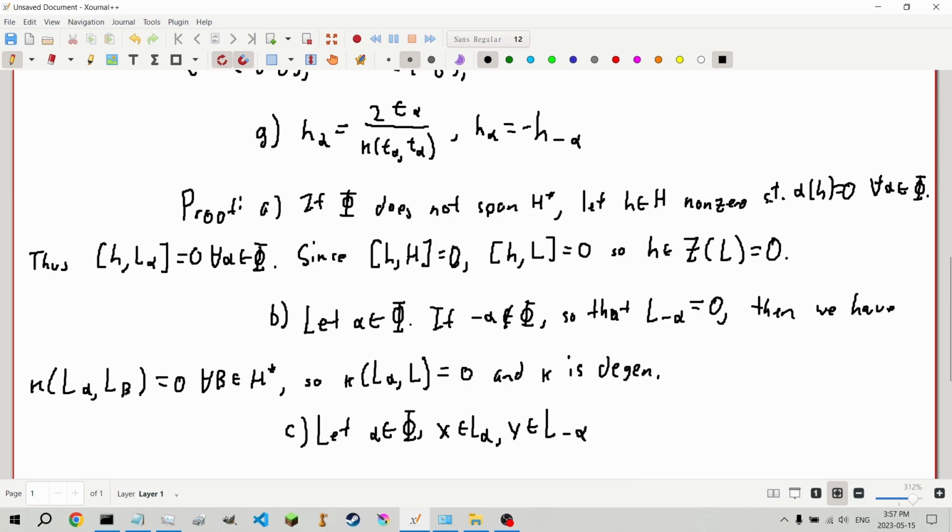We want the bracket of these two to be the Killing form times that version of alpha. So we're going to let h be some element of H.